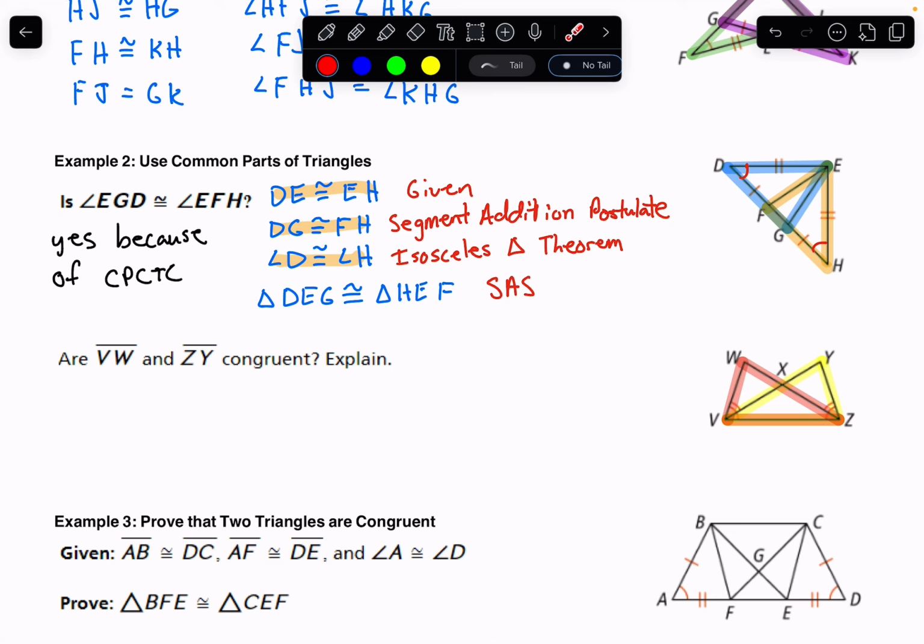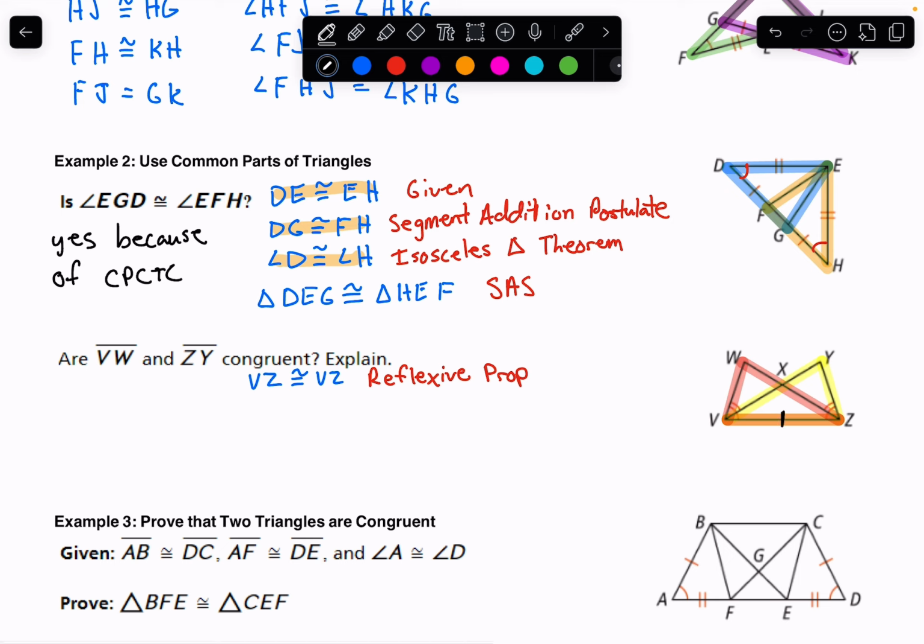So I was like, oh, automatically I know VZ in the red triangle has to be congruent to VZ in the yellow triangle, right? So I'm going to go ahead and say VZ is congruent to VZ. Remember, the reason for that is the reflexive property. And I can go ahead and mark that with a congruence mark.